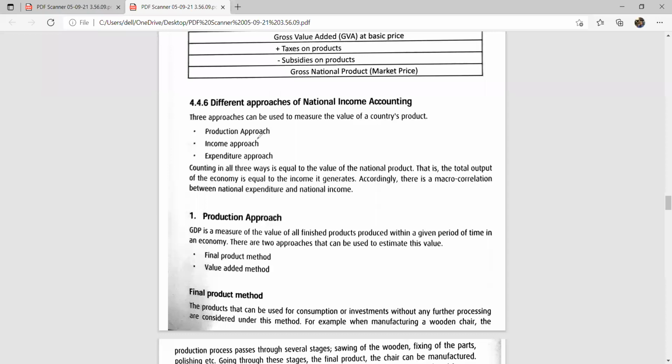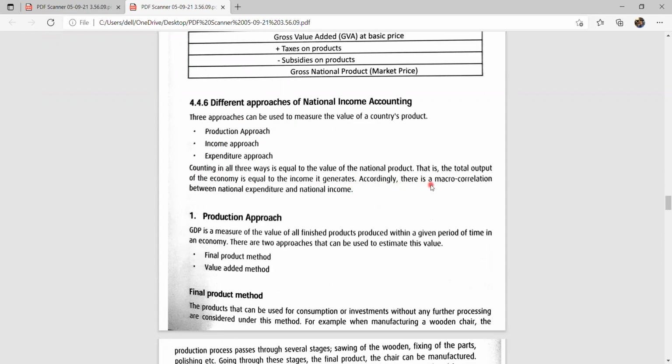So it says here, three approaches can be used to measure the value of a country's product: production approach, income approach, expenditure approach. Counting in all three ways equals the value of national product. That is, the total output of the economy is equal to the income it generates.